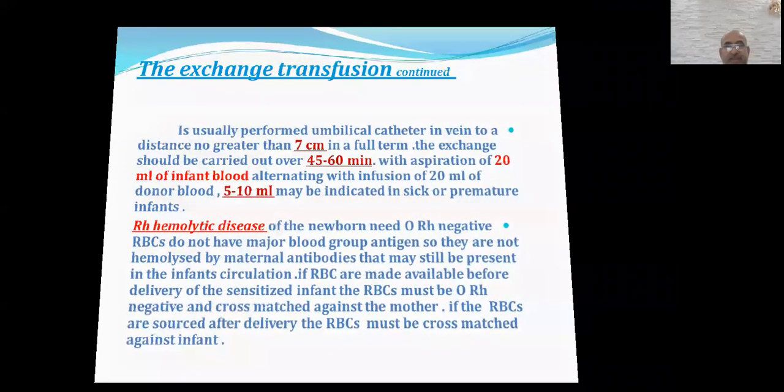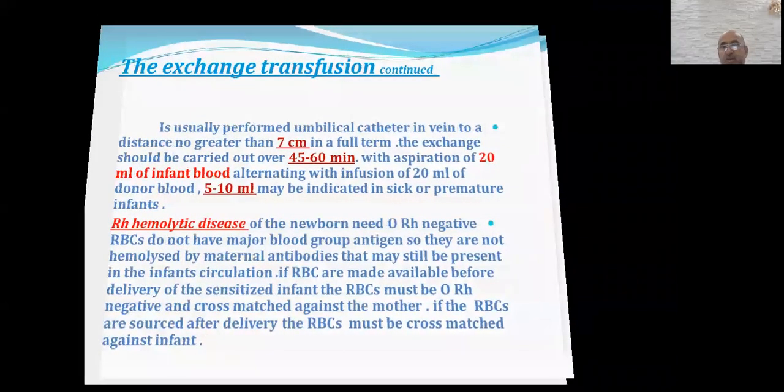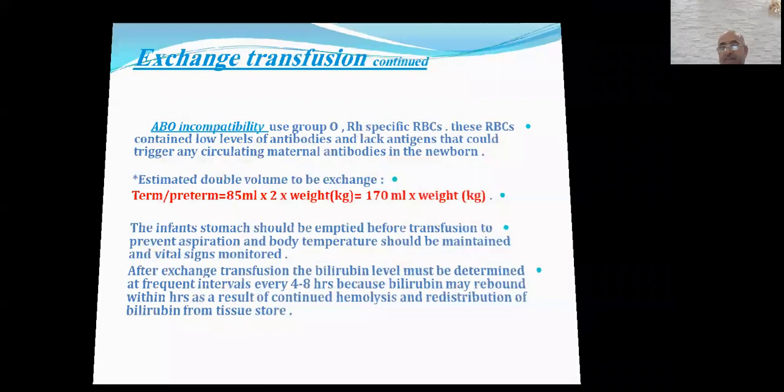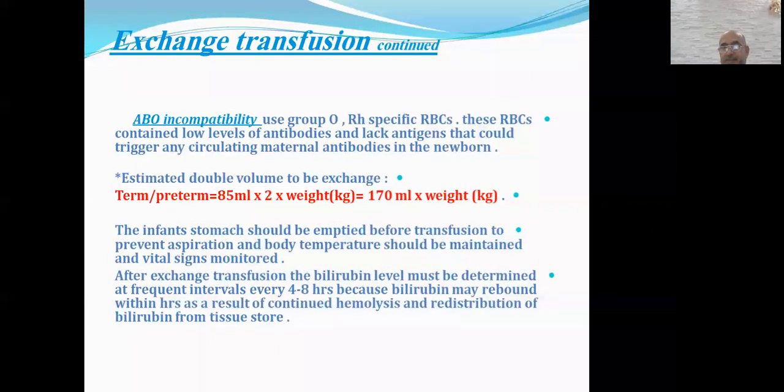In case of ABO incompatibility, use RH specific RBCs. Here we have different types of RH. So we can use the RH of the baby by the blood group of the mother.